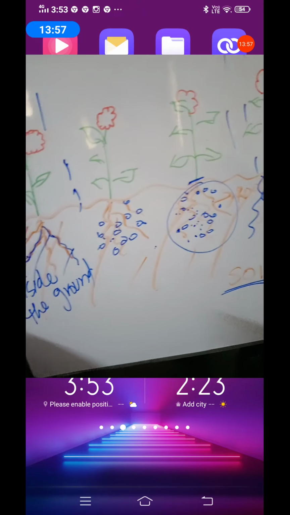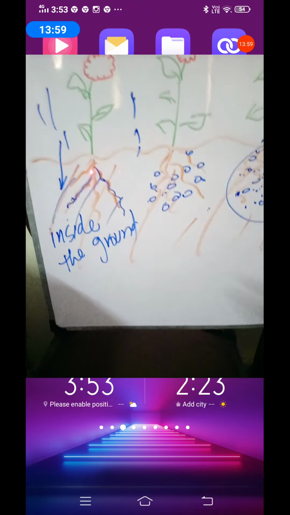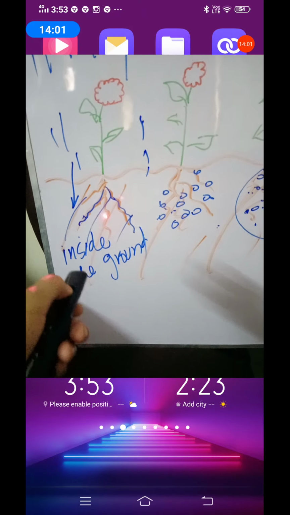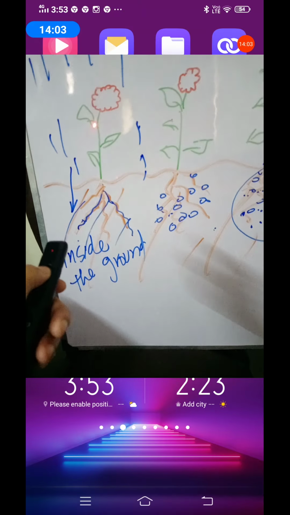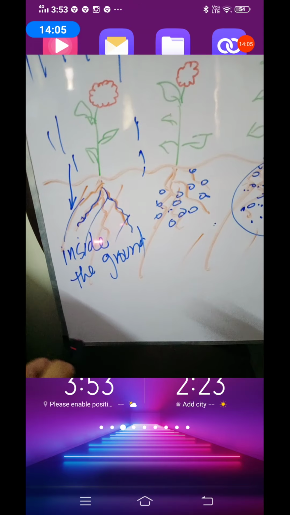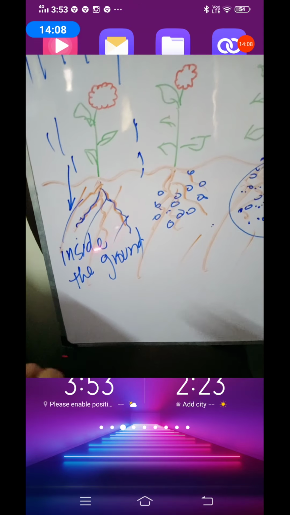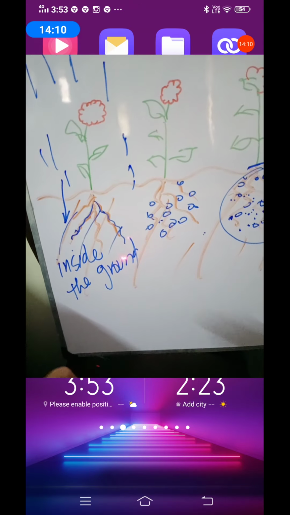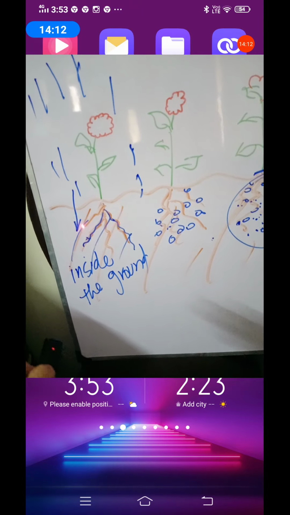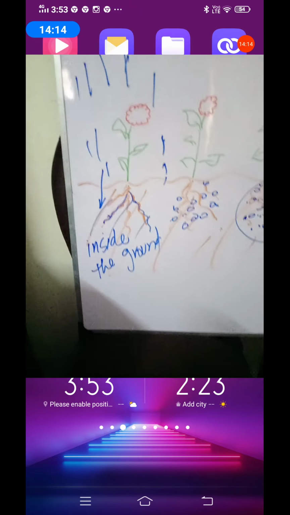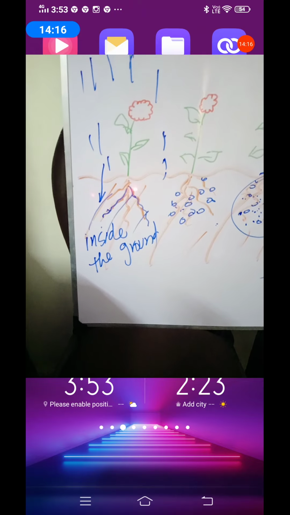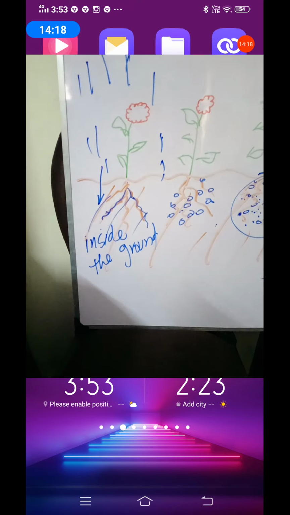Just see. Root is below and the stem portion is up. So what is connecting my plant to the soil? Which portion is there in the soil? Yes, children. Root is there or shoot is there? Tell me now. Which portion is inside the soil? Root. Very good.